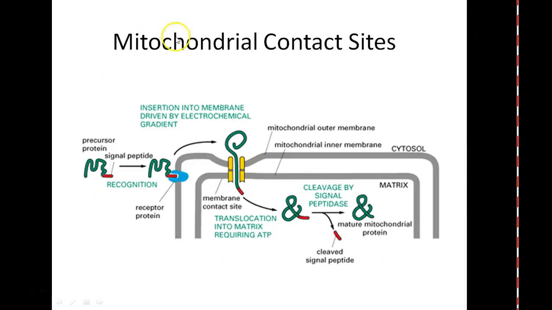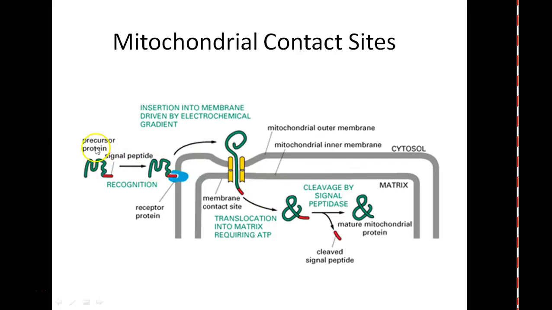And this is a very simplified schematic overview. Shown here is this contact site in yellow, where both complexes, TOM and TIM, come together and bring those membranes together and form this contact site.